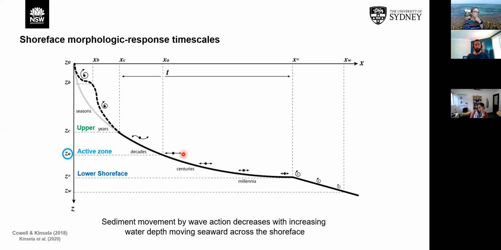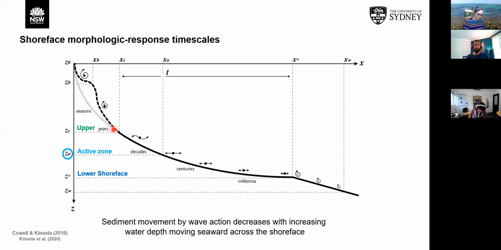So this part of the profile below the active zone might be left behind, but this part of the profile might be able to migrate or translate with sea level change. And that really comes into those sort of translation type models of predicting shoreline response to sea level change. Importantly, the active zone isn't necessarily the same as the upper shore face.